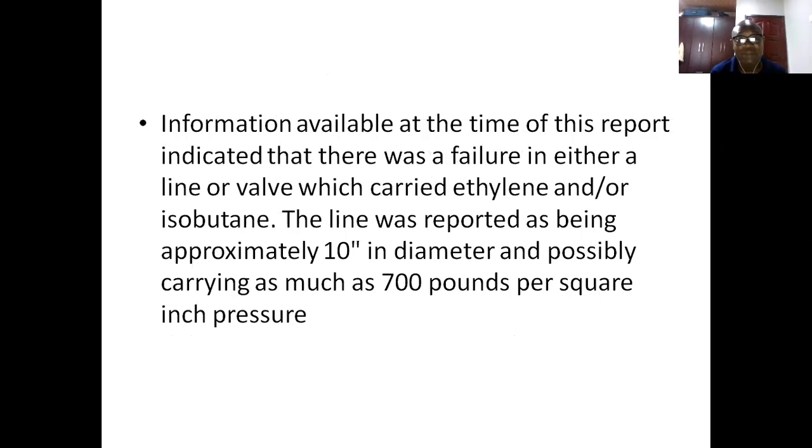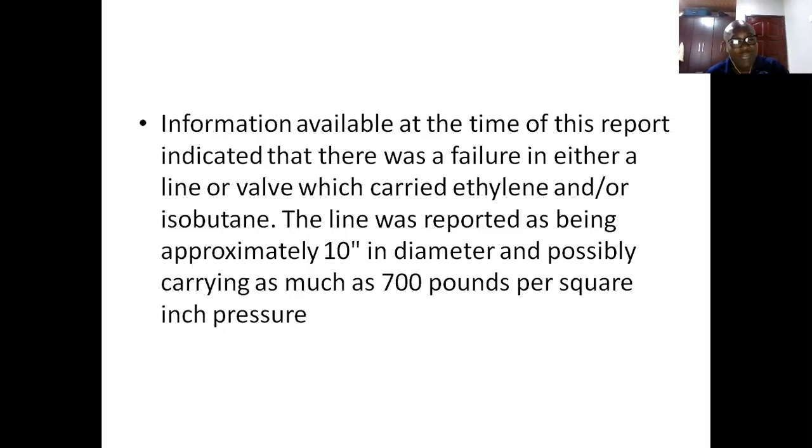Information available at the time of the report indicates that there was a failure in either the line or the valve which carried the ethylene and the isobutane. The line was reported to have been approximately 10 inches in diameter and possibly carrying 700 pounds per square inch.